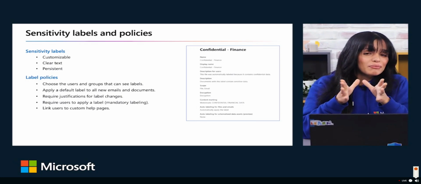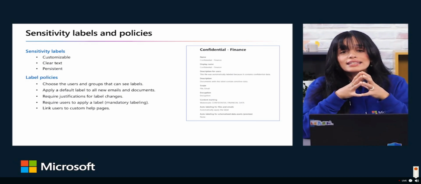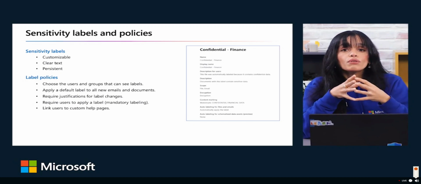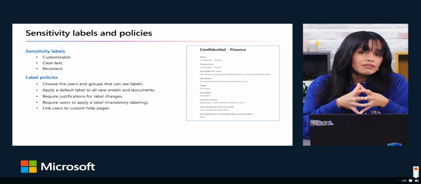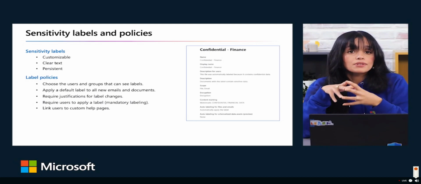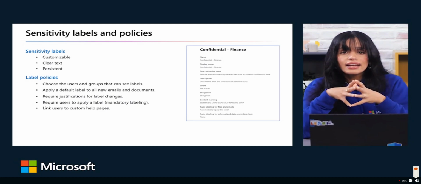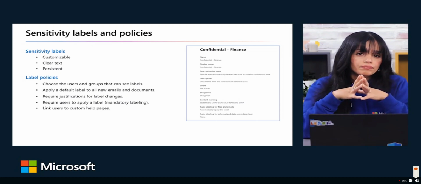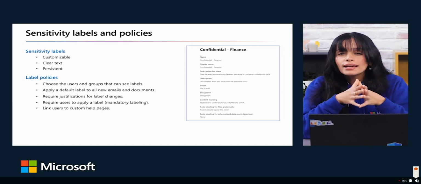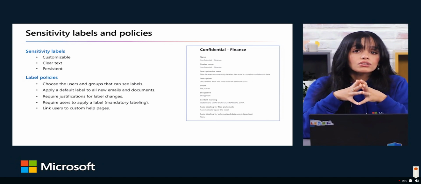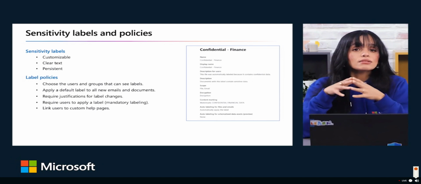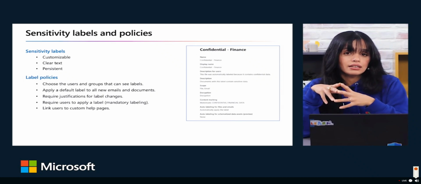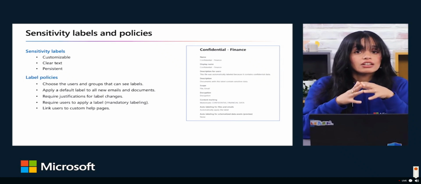And the good thing about this is that they are stored in the plain text part of the metadata, so that if you have third-party apps using that data, they can read it and then apply their own proactive actions. And when you apply the label, it will follow the document or email as it moves. So that means it's still protected, even if it changes hands.